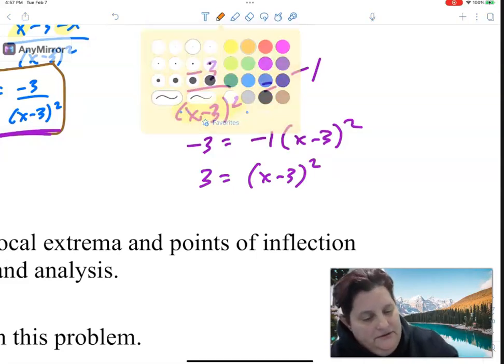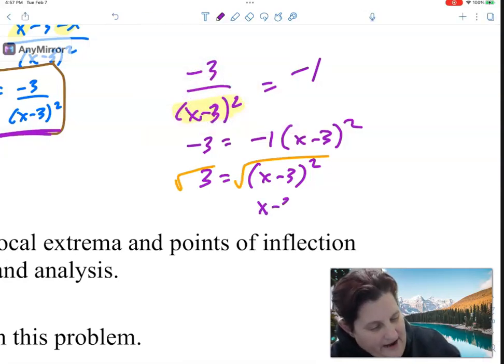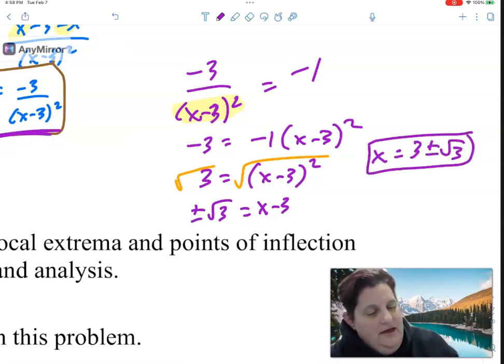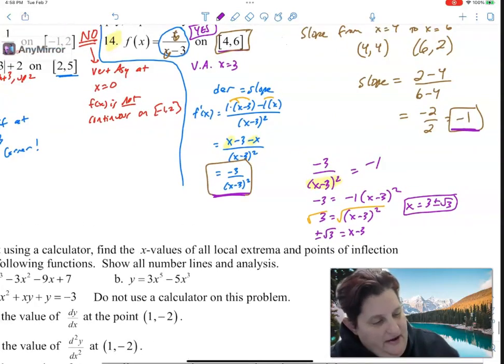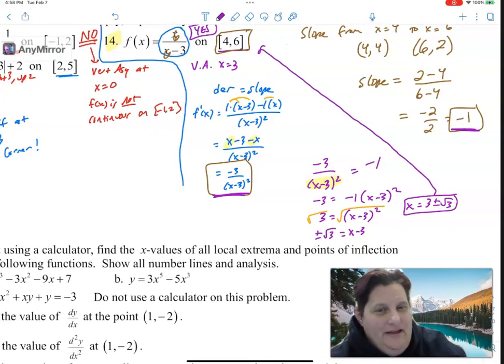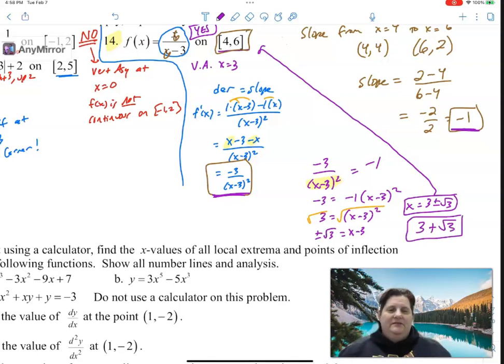Square root both sides. So x minus 3 is plus or minus square root of 3. When I solve for x, when I add the 3 over, it's 3 plus or minus square root of 3. Now I do have to check to make sure that those are in my interval. Well, 3 minus square root of 3 is going to be something less than 3, so that's not going to work. So my c value is 3 plus square root of 3. And that's the value, remember, where the slope and the derivative will be equal.